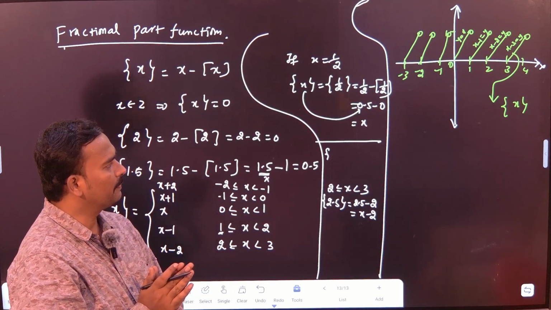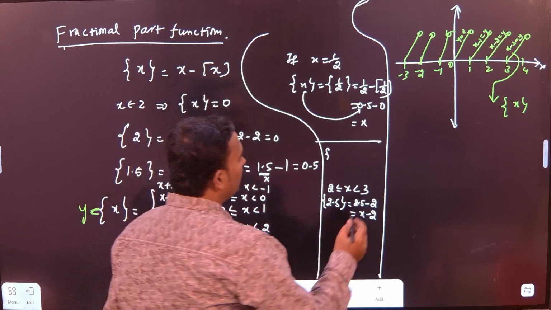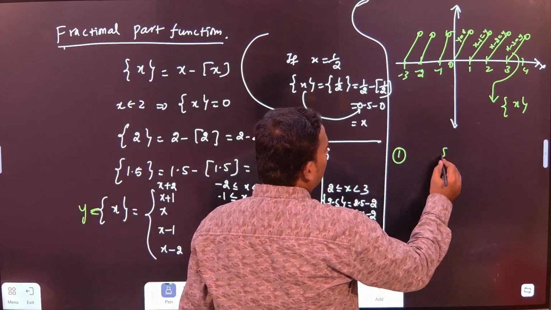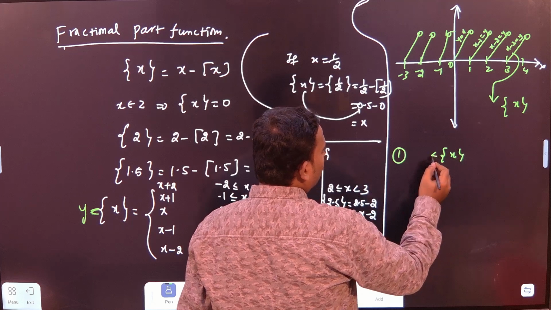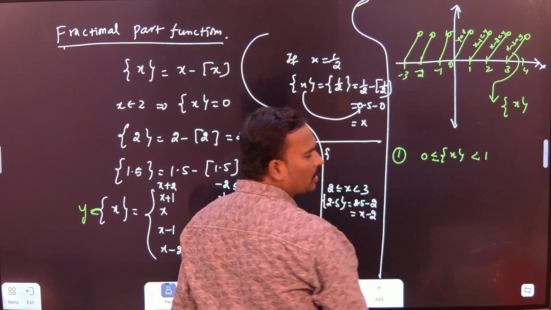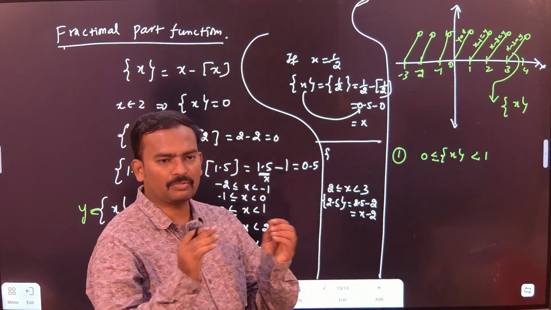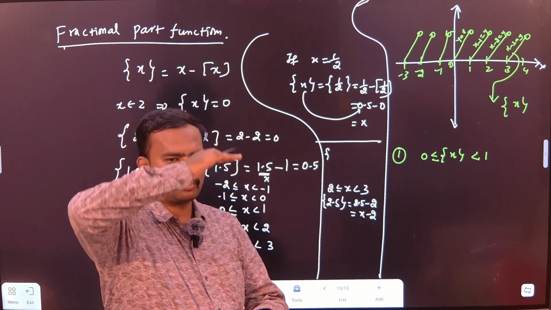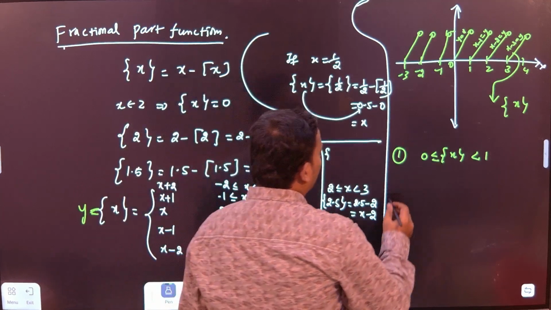Okay, so the first observation, you can see the properties. The fractional part function is, what is that? More than or equal to 0, strictly less than 1. This is the range. Range of the fractional part function is what? 0 to 1 only, right? Okay.